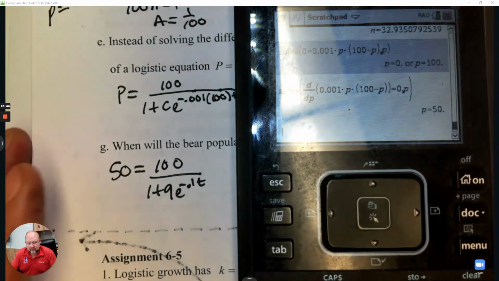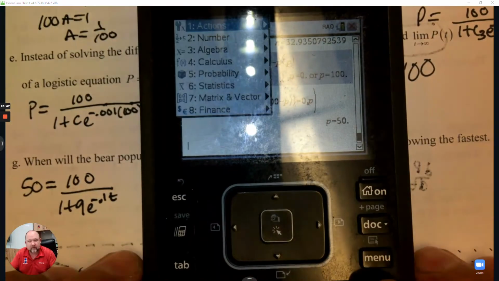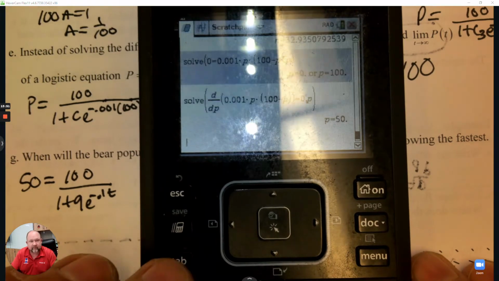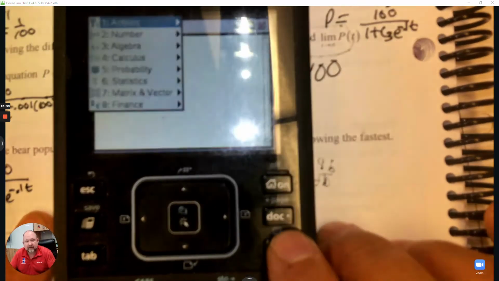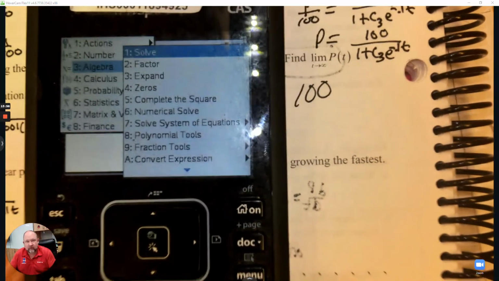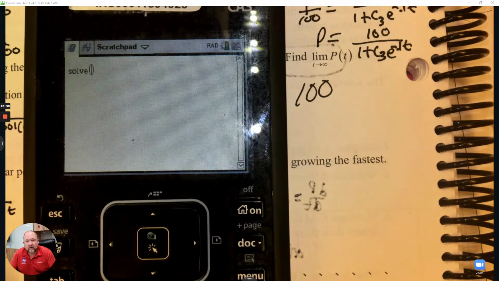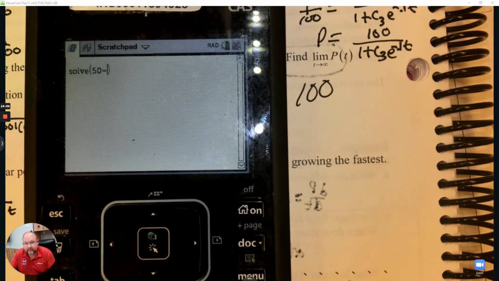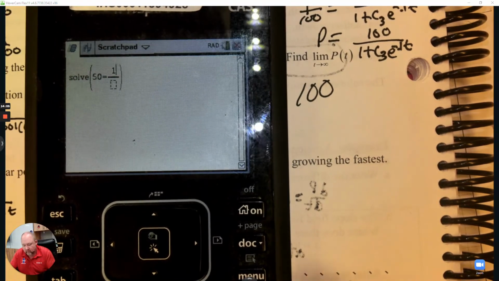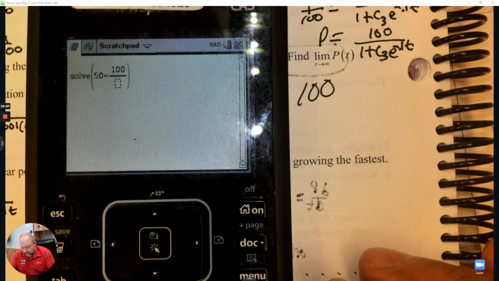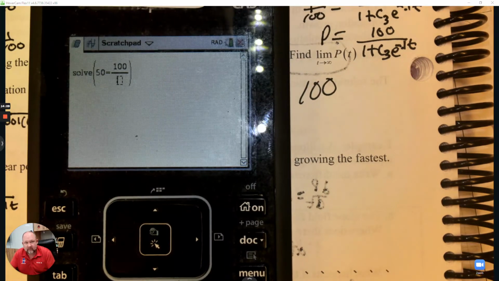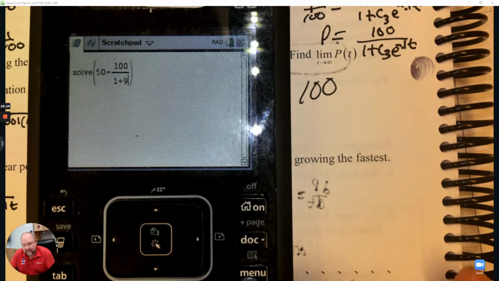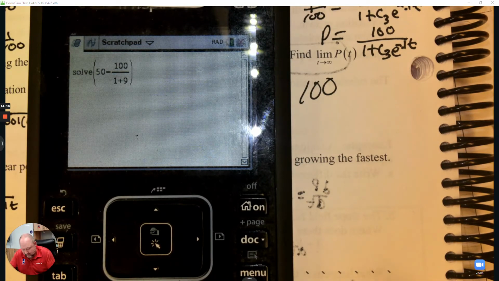We'll do it together. So we're going to go menu. Here, clear this up first. All right. So let's go menu, algebra, solve. And we want to know when it's 50. And it's a fraction, 100 over, remember go control divide for a fraction, 100 over 1 plus 9. It's e, not the letter e, the number e.